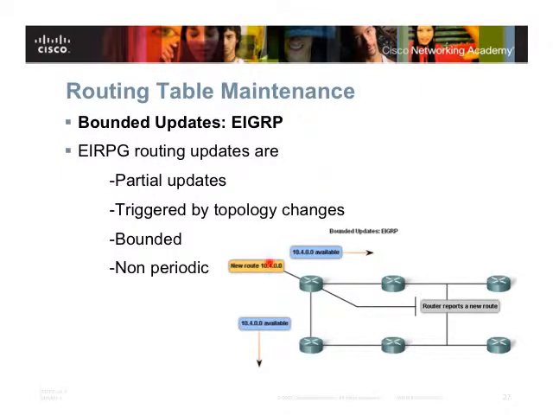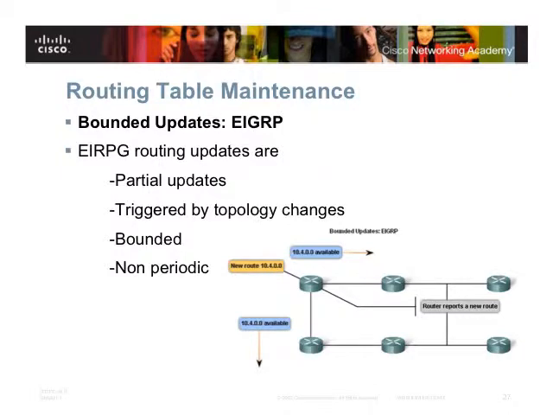I only need to inform the neighbors about only the new route, or the new network that recently connected. So that's what we mean by partial. I do not have to collect all the routing table every time.